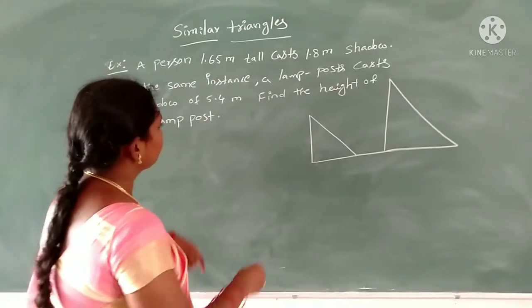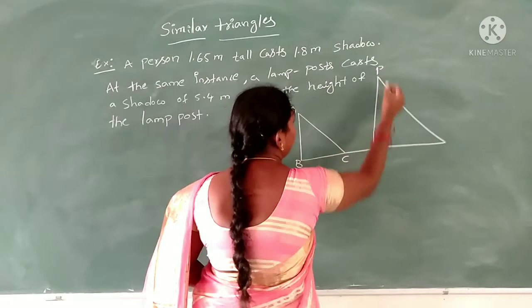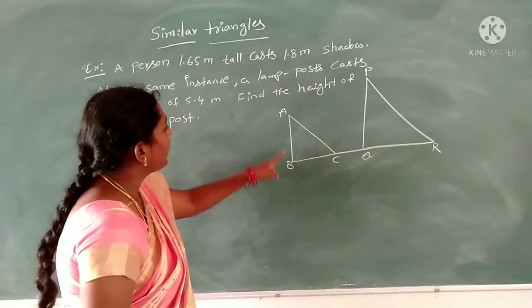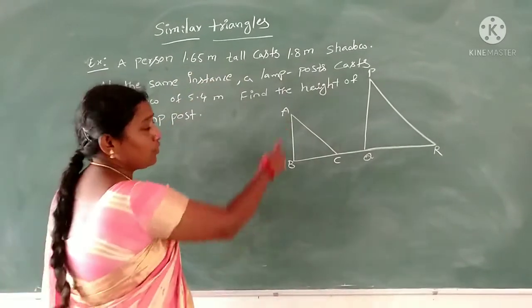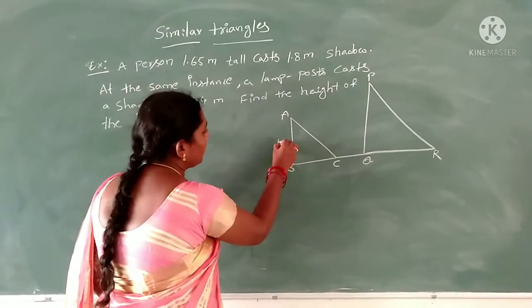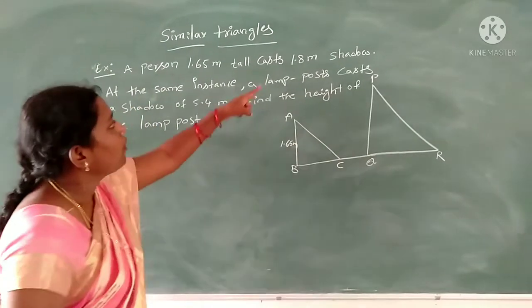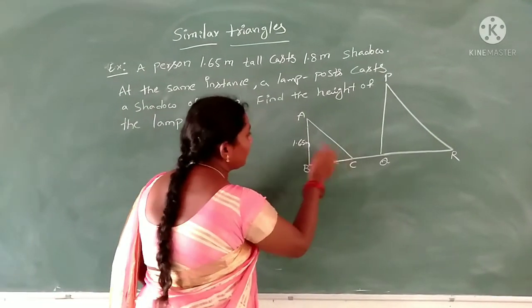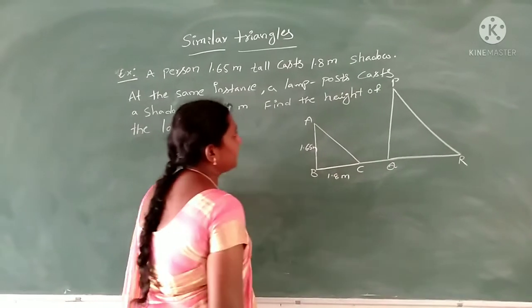A, B, C, P, Q, R. AB is a person 1.6 meters tall. So, AB is the person. Person height is 1.6 meters and the shadow is 1.8 meters. BC is the person's shadow, value 1.8 meters.